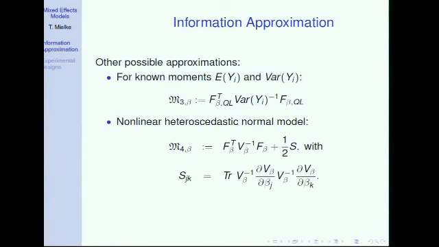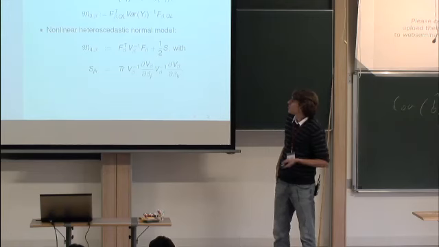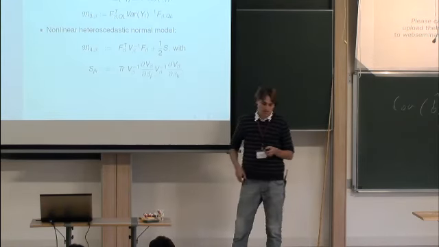And the fourth information approximation here is the one given by the nonlinear heteroscedastic normal model, as on the fourth slide, I think it was, where I said that this might be a case occurring as well. So here you see we have this information as in linear mixed effect models, or in this approximation by the Laplace idea, and we have here this additional term which is somehow depending on the heteroscedasticities.